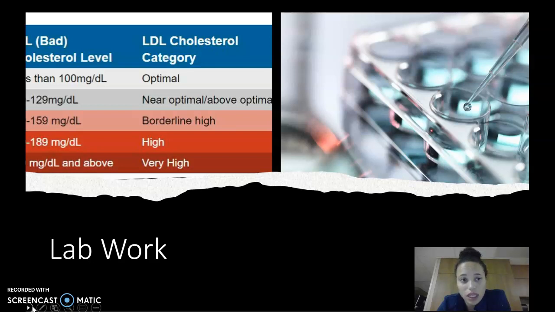When you go in, it's optimal for us to have a lower number than 100 milligrams per deciliter, and sometimes it can occasionally reach above 100, but if you're more than 200 milligrams per deciliter as far as your LDL, then there's a good chance that you have way too much LDL in your blood and you don't have enough of the HDL, which is what helps to move the cholesterol through your body. And this is usually when you need to make a change in your life in order to help with the amount of cholesterol that's in your body.